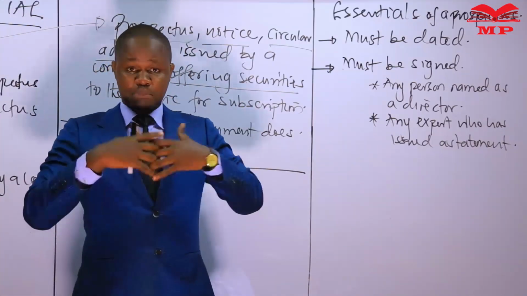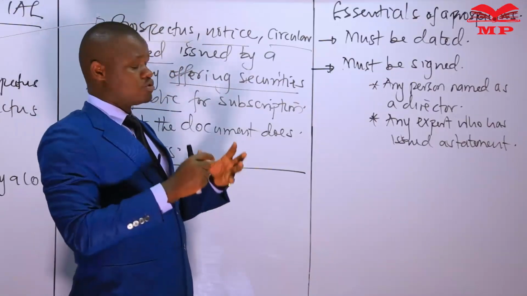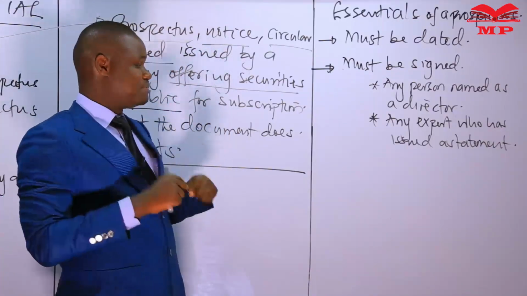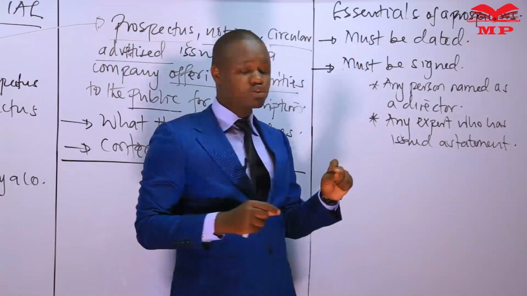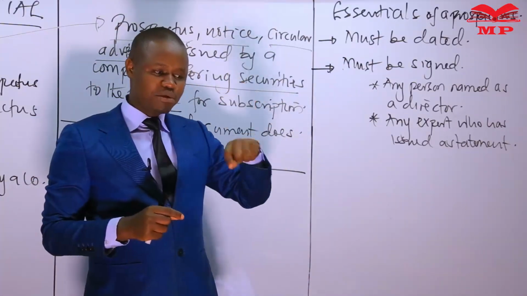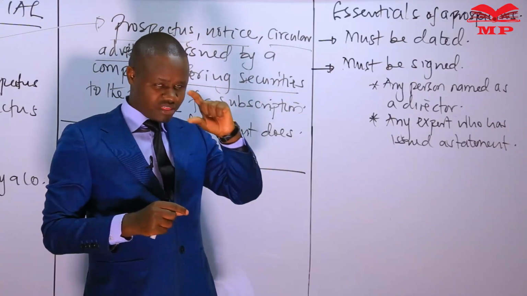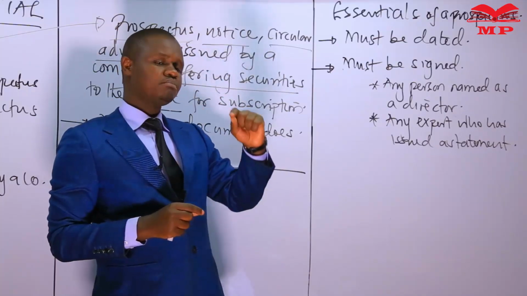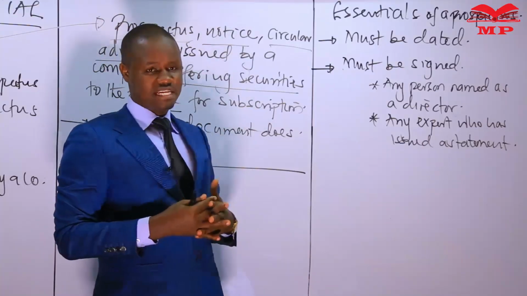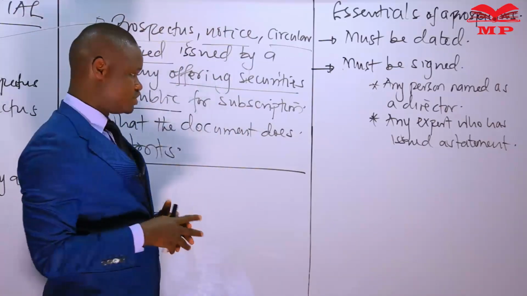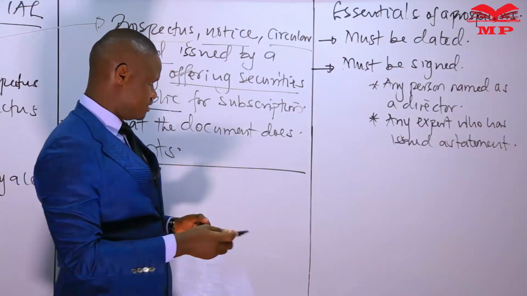It could be about the prospects of the company's business. So when you get such experts giving statements about this prospectus, then you also get them to sign the prospectus, and particularly a copy of the opinion or the statement that they have endorsed. This endorsement or this signing is seen as giving consent to that statement being issued to the public for consumption.